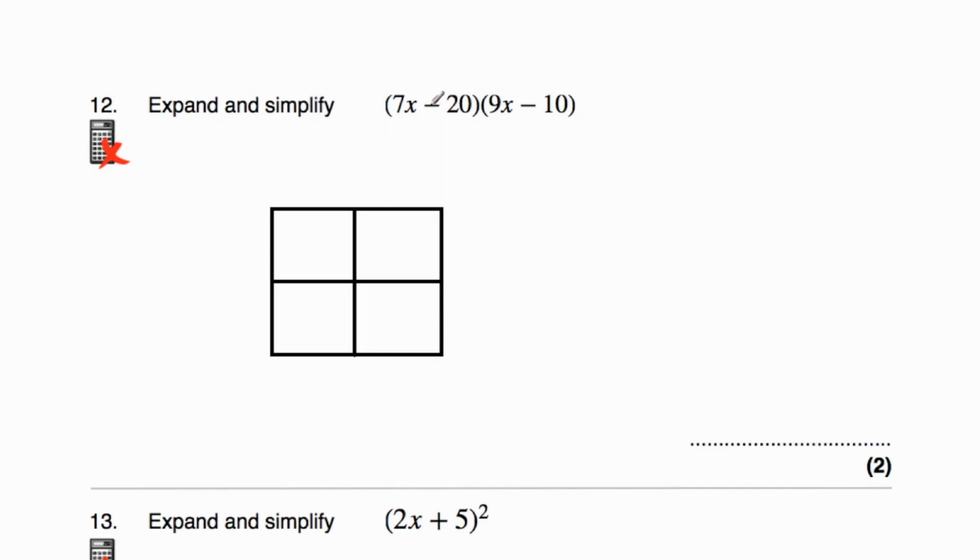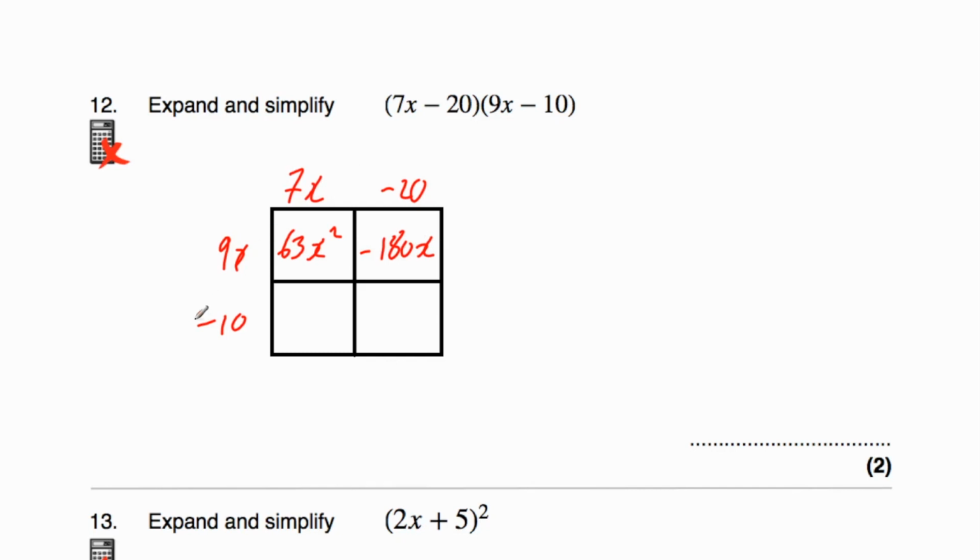So question number 12, we've been asked to expand and simplify (7x minus 20)(9x minus 10). So 7x times 9x, well 7 times 9 is 63, so it's going to be 63x squared. We've then got minus 20 times 9x. Well, a negative times a positive is a negative, and then 20 times 9 is 180x.